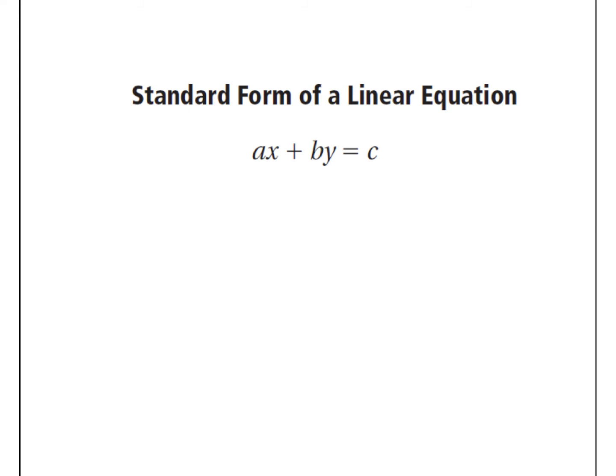Now we're going to talk about standard form, and this is what I would like you to have down. When we do standard form, I kind of Dr. Seuss it up a little bit. AX is going to be thing number 1. We're going to be talking about two things. So thing number 1 is AX, BY is thing number 2.